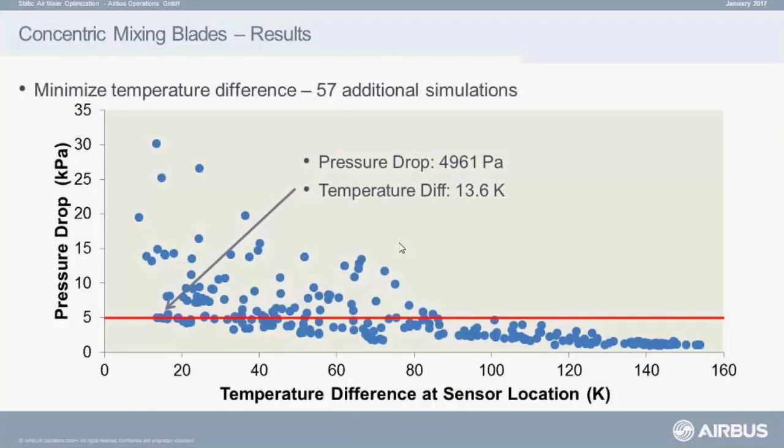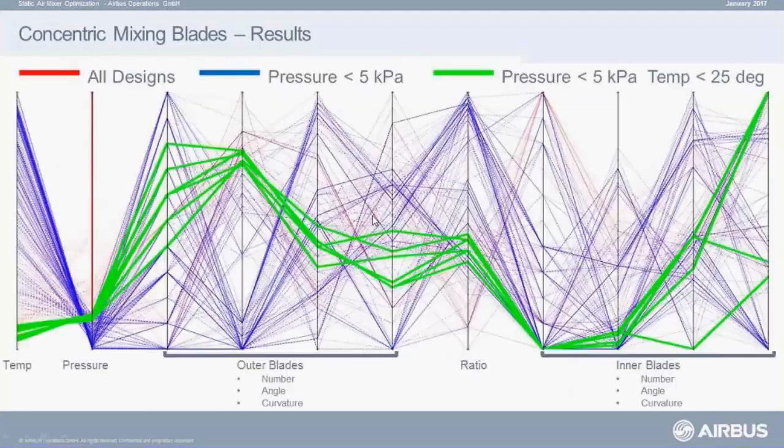These additional 57 simulations in the end led to 5 designs that were still better than the best design that we saw before, and 3 of these additional designs were even better, at 15 Kelvin. So the best design that we found in the end was quite close to the target of 12 Kelvin for the temperature difference, and still within our limits for the pressure drop.